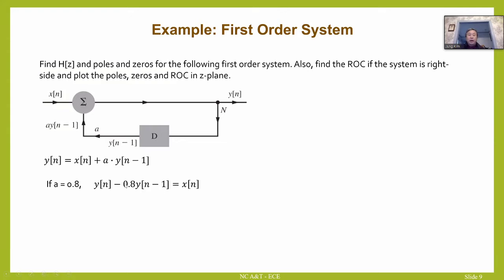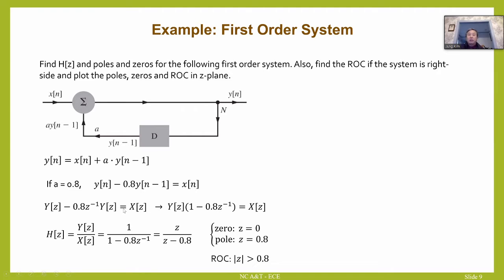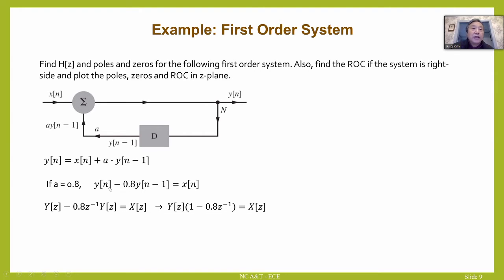Once you have this difference equation, we can apply the Z transform to each term. This is Y of z. Then minus 0.8, and one delay is z to the minus 1, times Y of z, equals X of z.